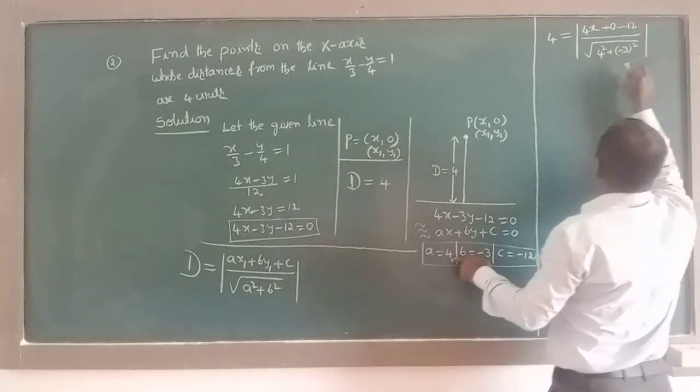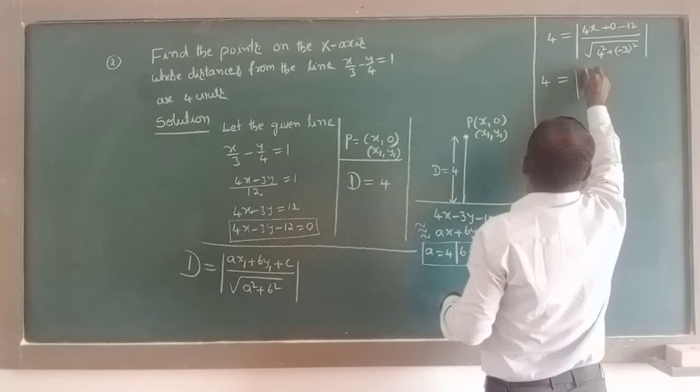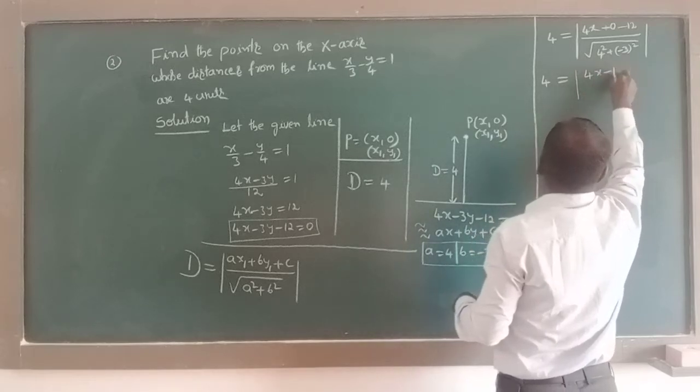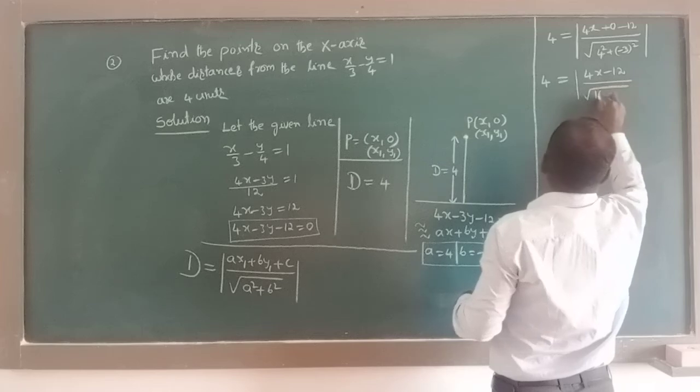So 4 is equal to modulus of 4x minus 12 whole divided by square root of 16 plus 9 here.